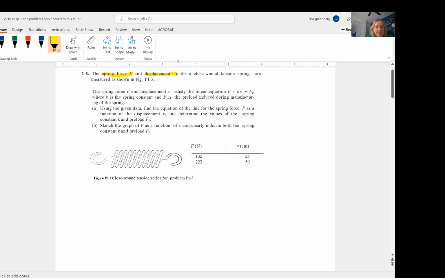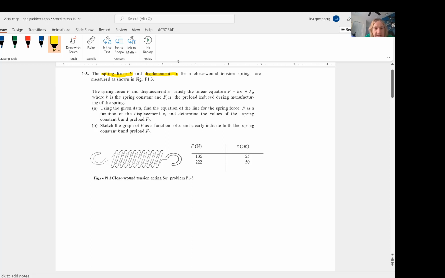As you notice, I'm reading it really slowly. I'm not reading it like it's a novel. So these are not novels. These are word problems. You have to read them very, very carefully and slowly to make sure that you understand what each sentence has in it. And sometimes you'll be given information that you don't need. You also need to figure out what it is that you may not need.